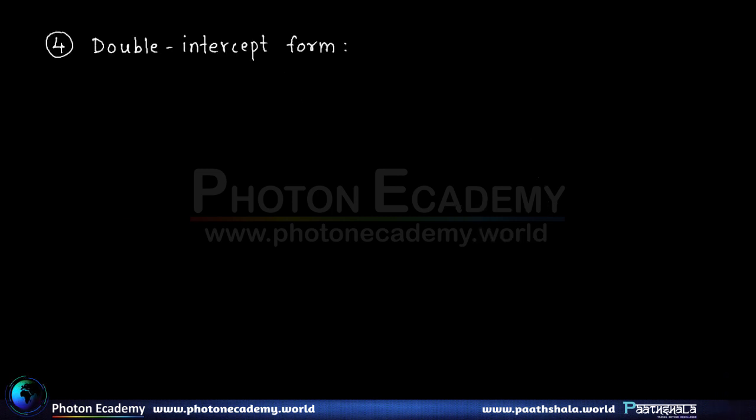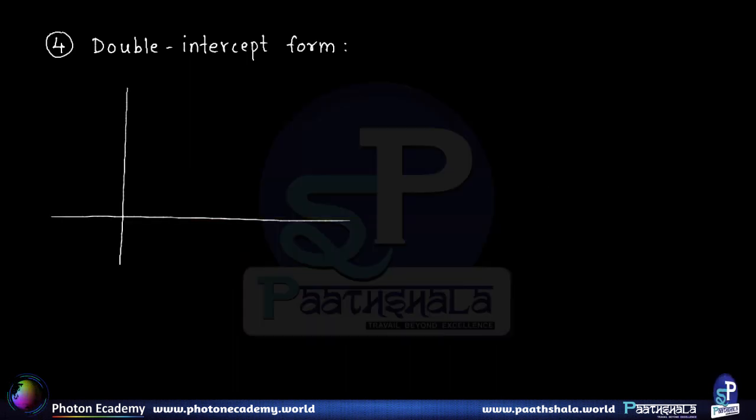Let's see the next form, which is called the double intercept form. Here, as the name suggests, we are given the x and y intercepts of a line, that means we are given where the line cuts the x-axis and y-axis, say a and b.